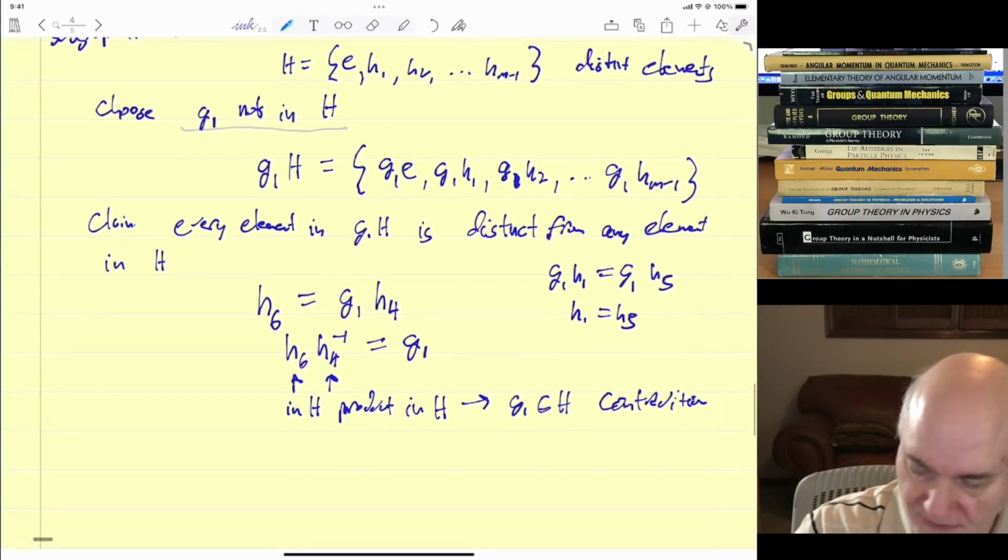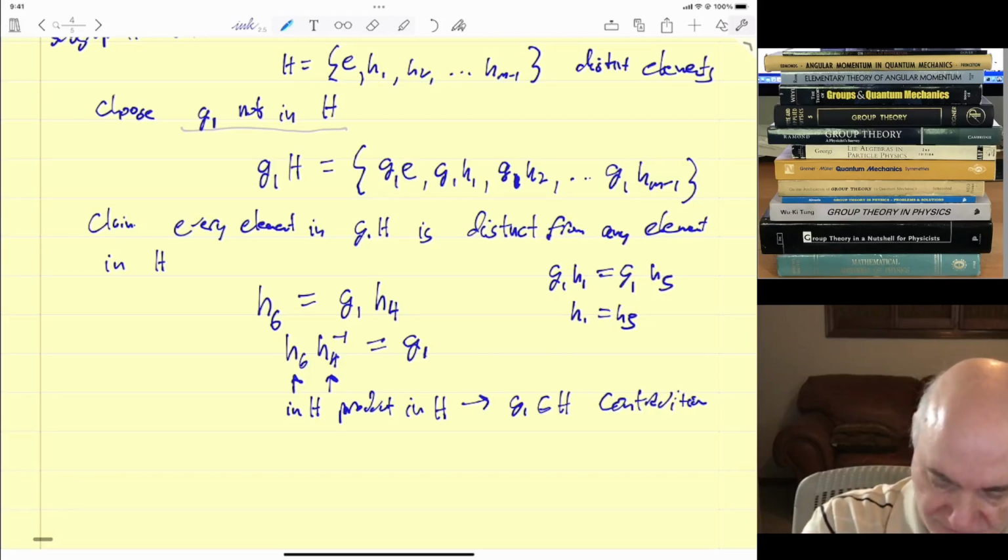We found another set which has M elements. So the set H has M elements.